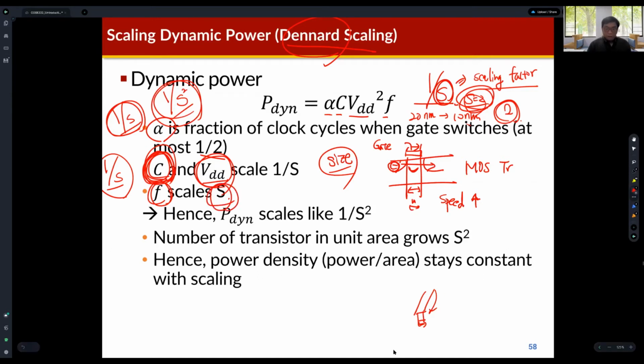Then what happened? P is alpha, the C becomes 1 over S, and then VDD becomes 1 over S square, and then multiply by S. So what happened? Alpha times 1 over S square. So what does that mean?